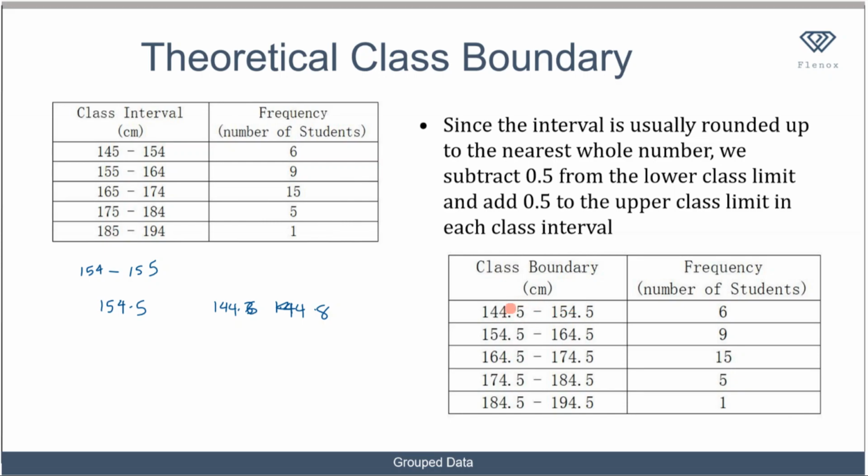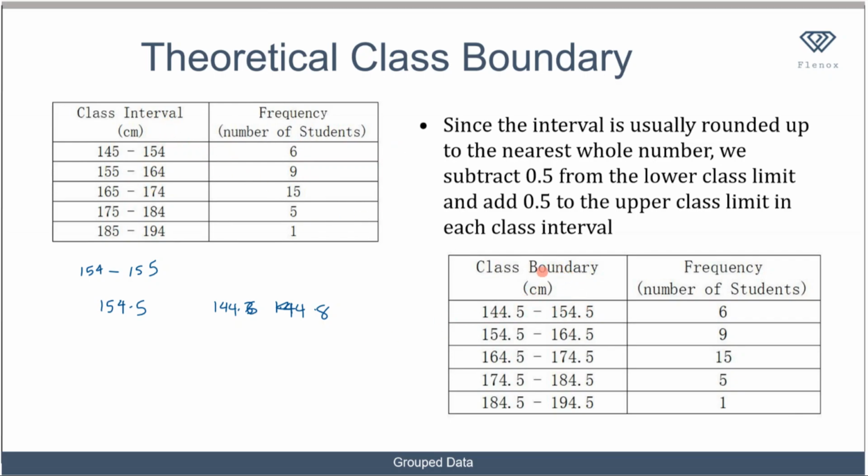So the idea generally is that when I approximate my class boundary upwards, I should get my class interval, and when I approximate it downwards, I should get my interval also. So that is the general idea behind the class boundary. So to recap, we subtract 0.5 from the lower class interval and we add 0.5 to the upper class interval to get our class boundary.